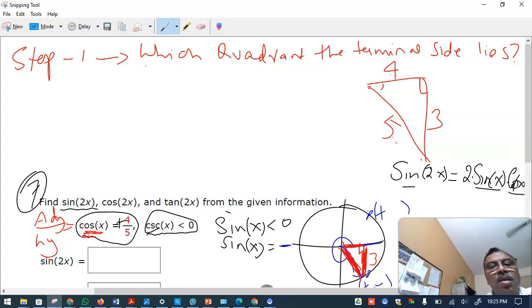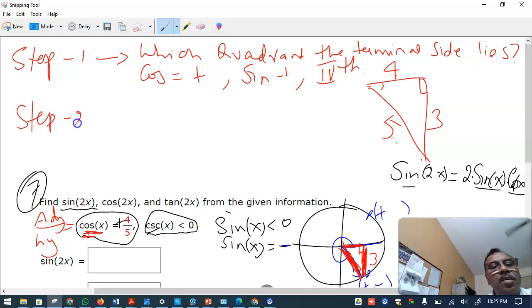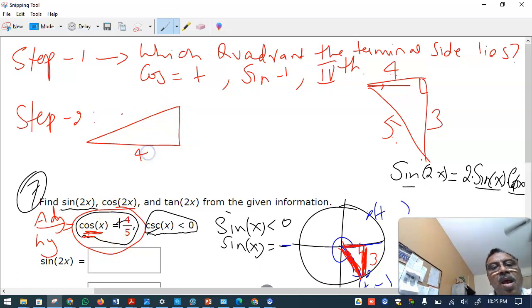You can see that because cosine is positive and sine is negative, it has to be the fourth quadrant. Then step 2, you do a triangle, a simple triangle, just to show cosine is adjacent over hypotenuse. This is theta x, and then this becomes 3. So that way you know the answer.